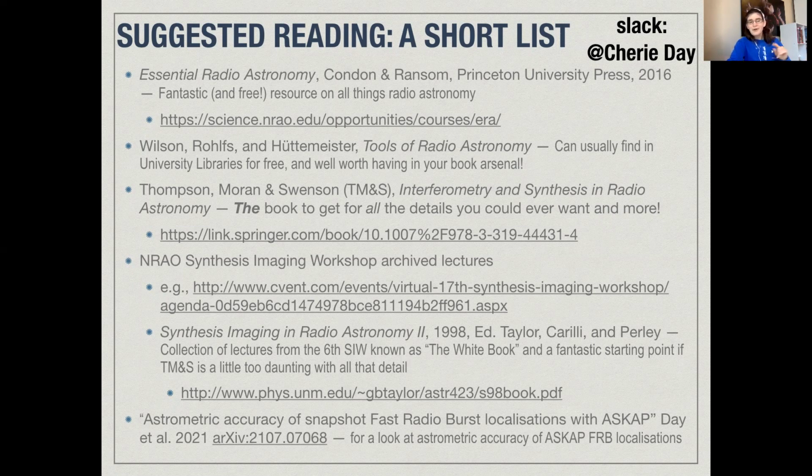And if you're looking for more of a deep dive into the world of characterizing astrometric accuracy, specifically for FRBs localized with ASKAP, and in fact, also how you too might be able to go about doing similar work for your instrument, then definitely check out my recent paper on the arXiv.